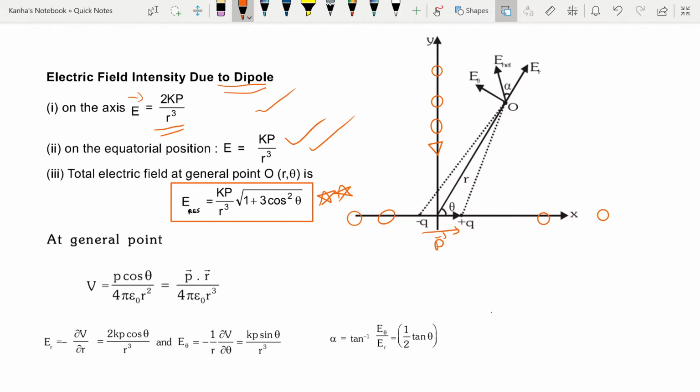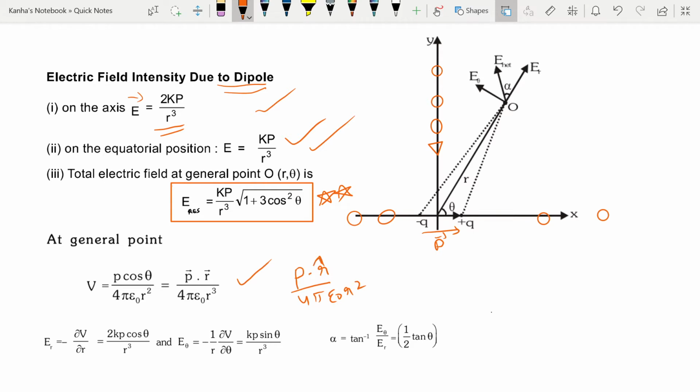Similarly you can find the potential V at a general point, which is given by p dot r divided by 4 pi epsilon naught r cube. This can also be written as p dot r cap by 4 pi epsilon naught r square.